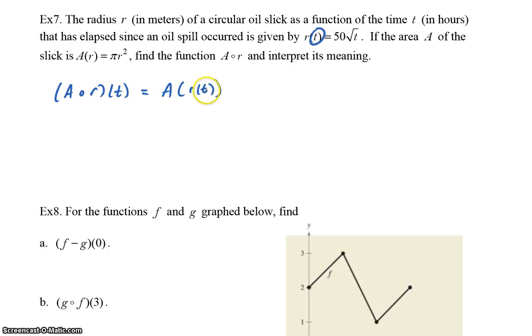Now working from the inside out, that would be A of 50 times the square root of t. And then 50 square root of t would replace the r within the function A of r. So this would be understood as pi r squared, but r is 50 times the square root of t, so that gets squared.